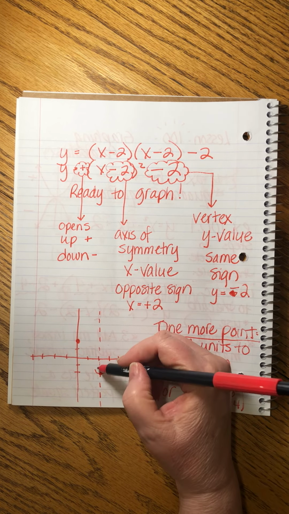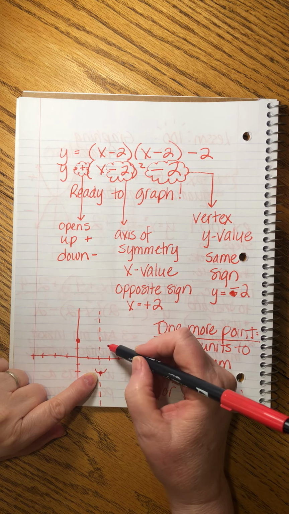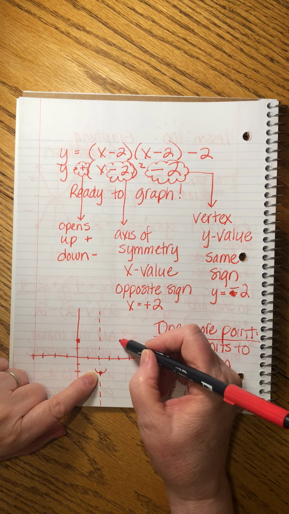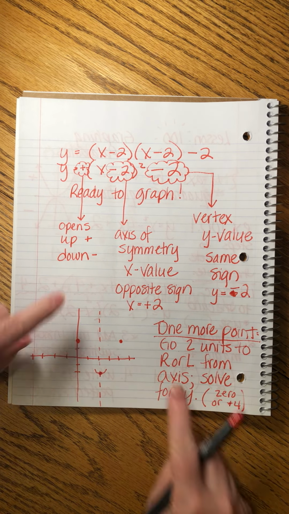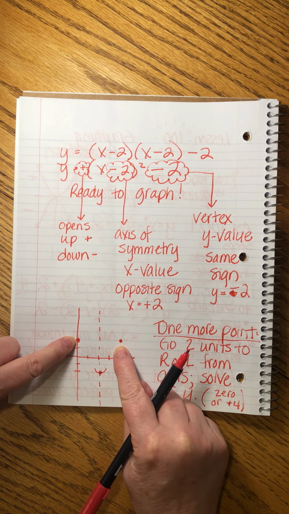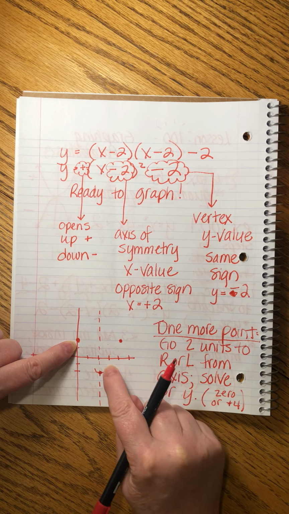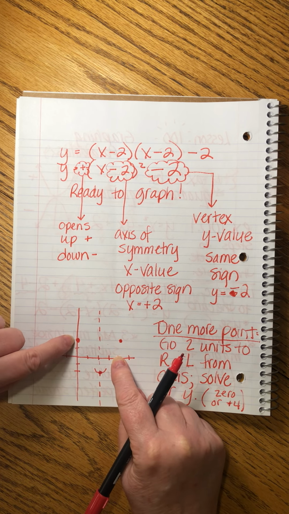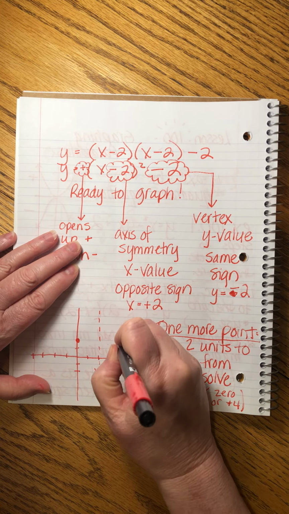Because our parabola is perfectly symmetrical, that means that if I go 2 units to the right, there will be another point right there. So even though I just calculated one more point, I get to add 2 to my picture because I just put one directly across from where the other one is, right? I go 2 units, and it's at positive 2, so it's at positive 2. Now I can draw the picture.